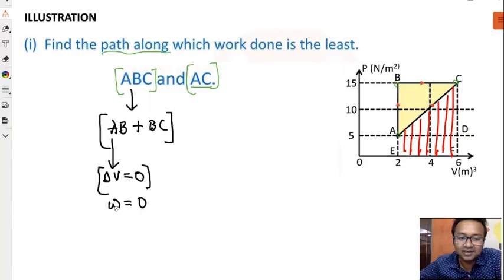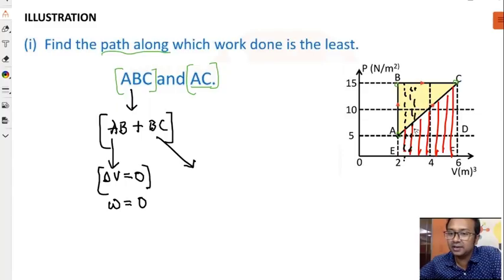Along AB, 0. Now, along BC, my dear students, what is the work done? Work done is all these portions, all these area. You see this? So which area is greater, the black ink one or the red ink one? Definitely this area.